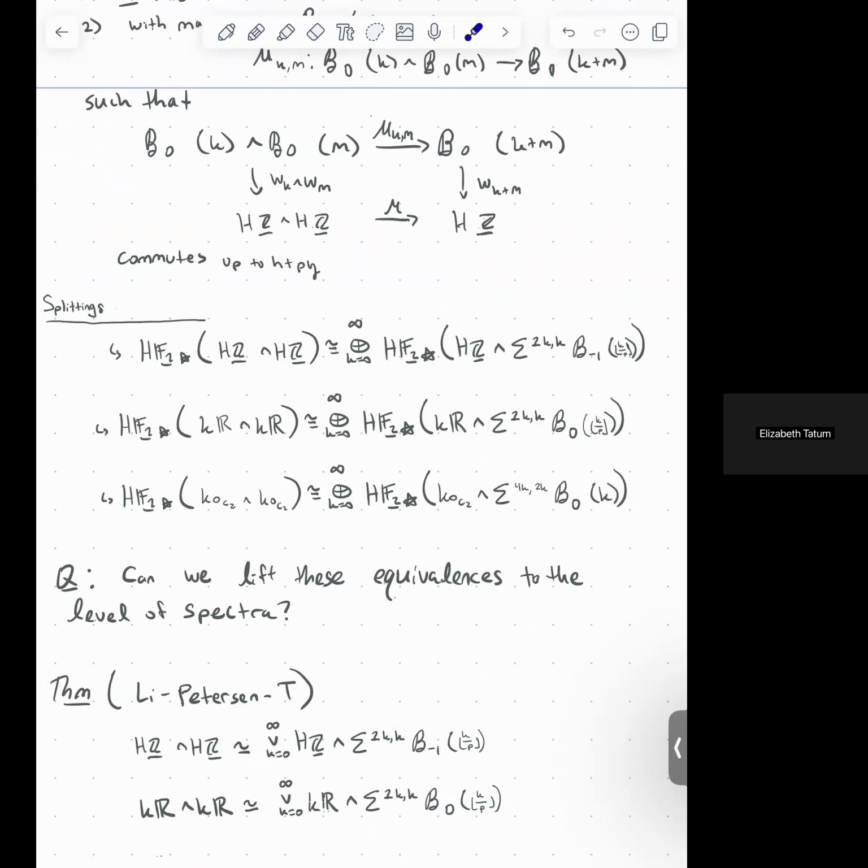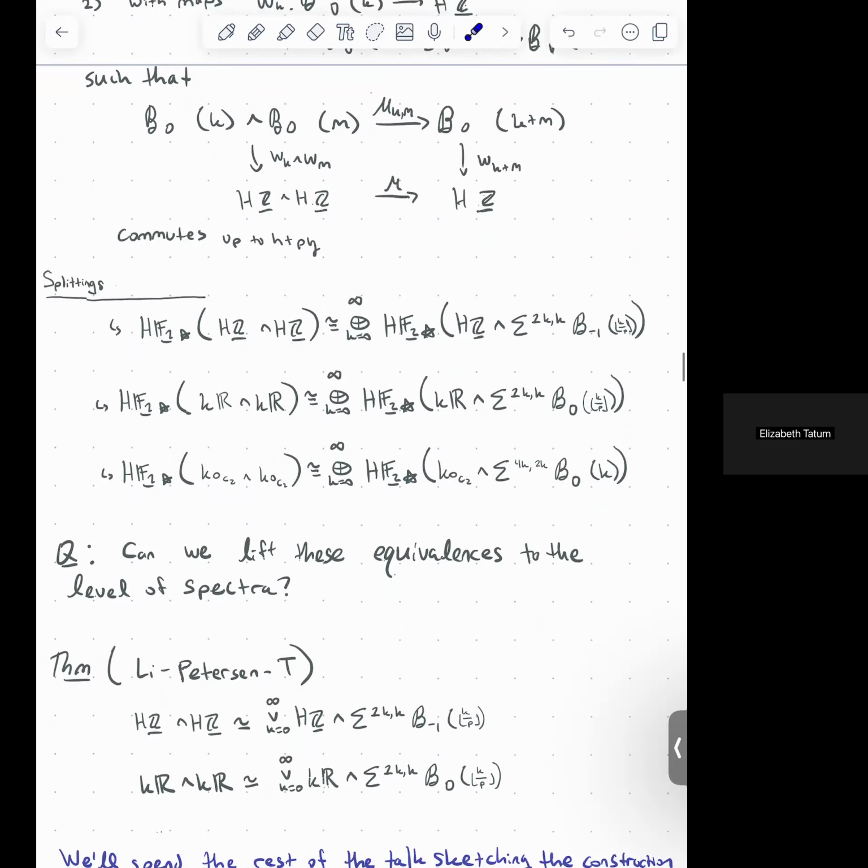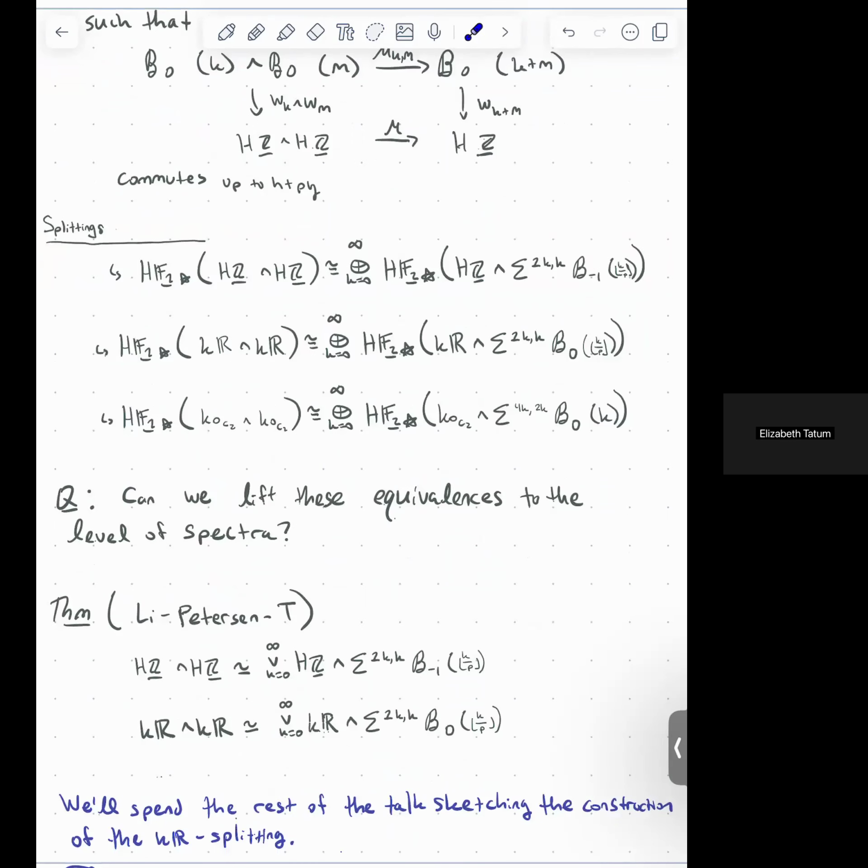So far, we've been able to confirm that this works for HC and that this works for KR smash KR. Then the next step would be to try it for KOC2 smash KOC2. But for now, I'll spend the remainder of the talk sketching the construction of the KR splitting.